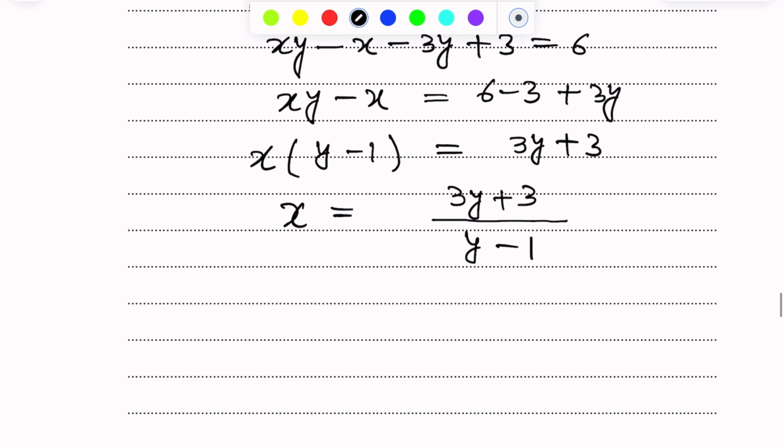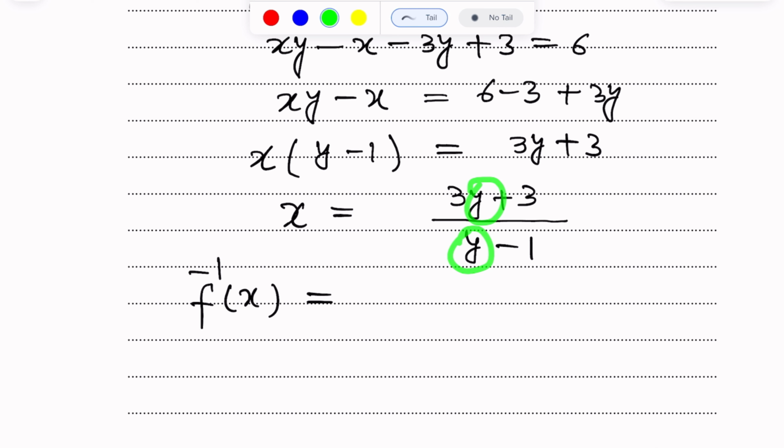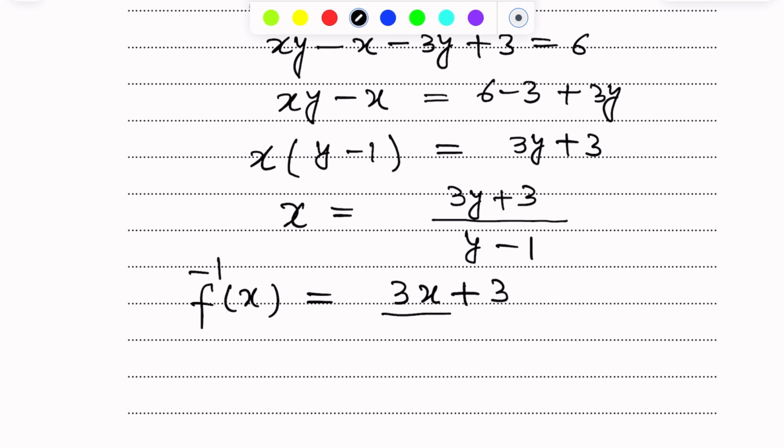This shows that we will write x as f inverse x. On the right hand side, in place of y, we will put x. This is the process of inverse. To find the inverse, f inverse will be 3x plus 3 over x minus 1. This is the answer.